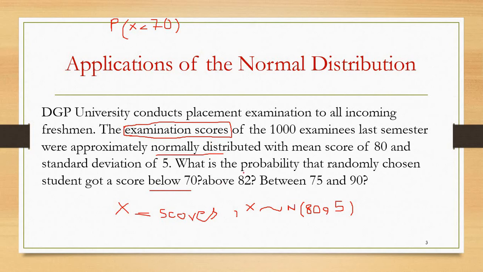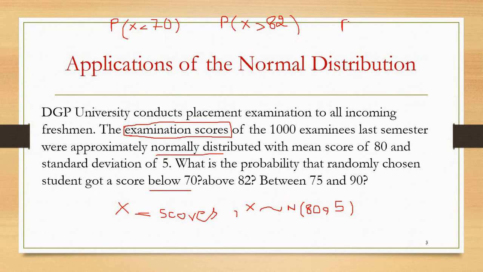And the next one is above 82. So this will be probability x greater than 82 or greater than equal to 82. Both will give us the same meaning. And between 75 and 90.